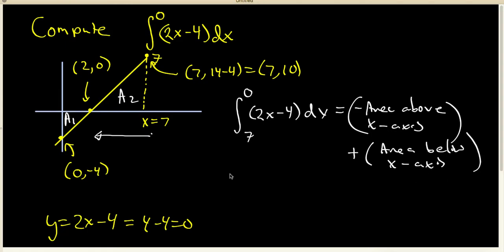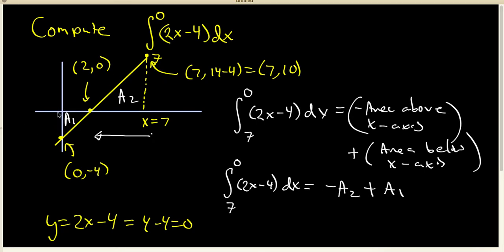So in other words, from this picture, I can see that the integral from 7 to 0 of 2x minus 4 dx is going to be minus A2 plus A1, where I'm looking at A1 and A2 as just the areas of triangles.